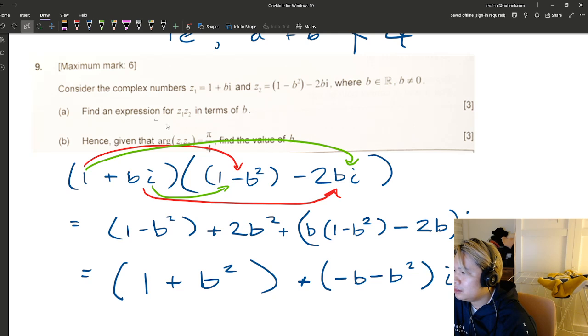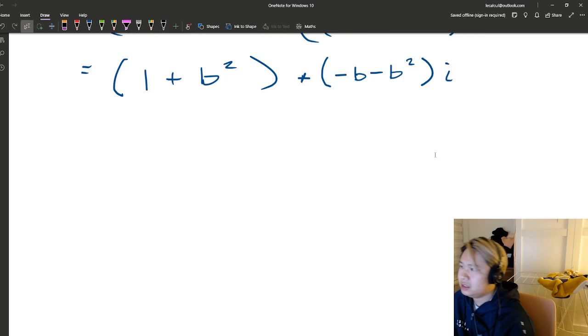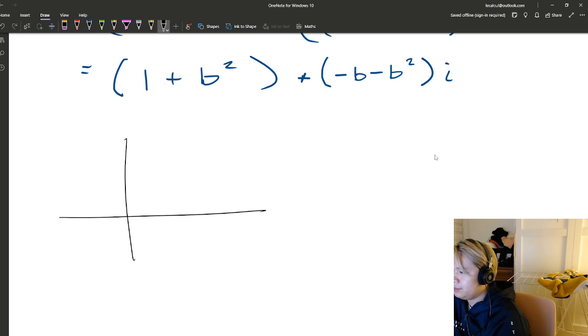Hence, given that the argument is pi over 4, find the value of b. Oh, sure, okay. So if we were to graph this on some sort of Argand diagram, it's saying that the angle here is pi over 4. And so your imaginary part and your real part are right here.